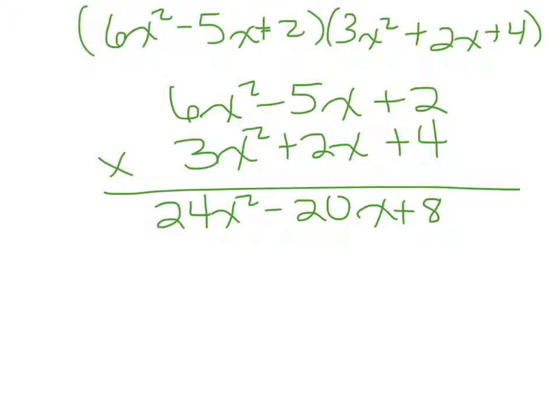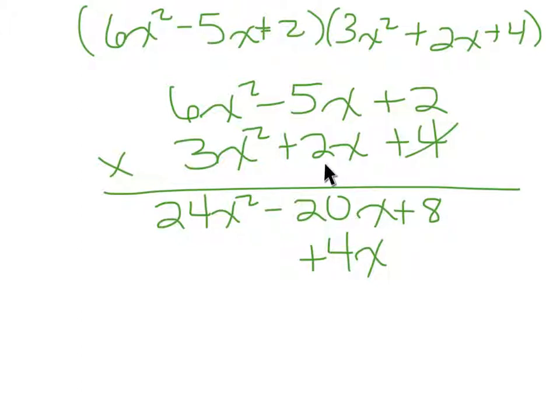Okay, now we have multiplied the 4 times everything. To keep yourself organized, you can cross out the 4 when you're done with it, if that helps you. Then you know that you're on the 2x and you need to do the 2x times everything. The first thing we'll do is 2x times 2, which will give us 4x. And again, we are leaving this space open, okay?